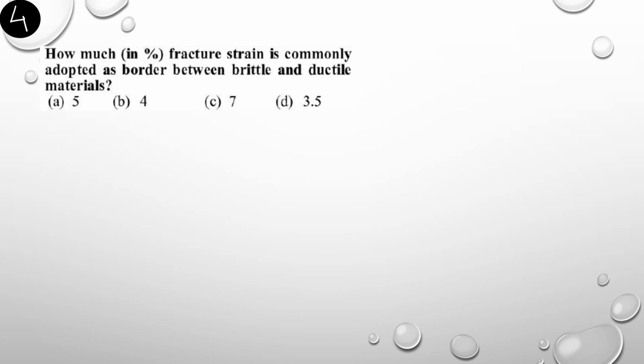Then the fourth question is, how much fracture strain, in percentage, is commonly adopted as the border between brittle and ductile material? If the material is ductile, then the percentage of elongation is more than 5%.